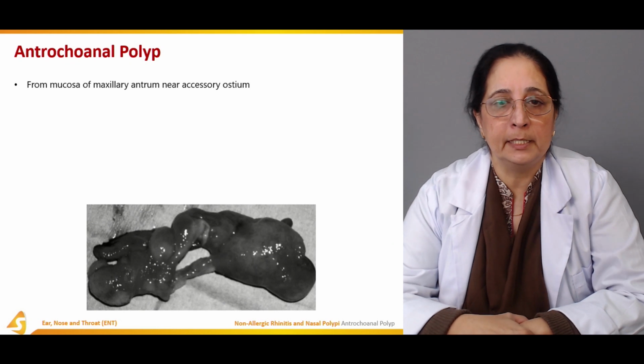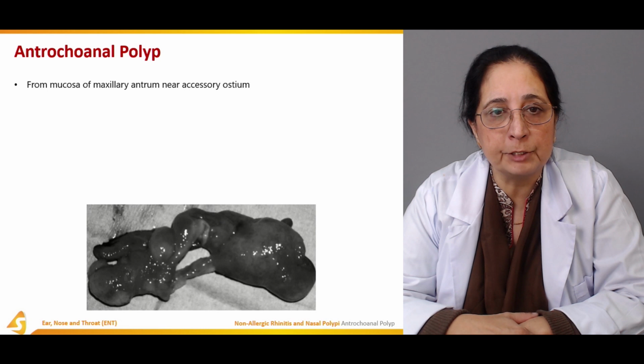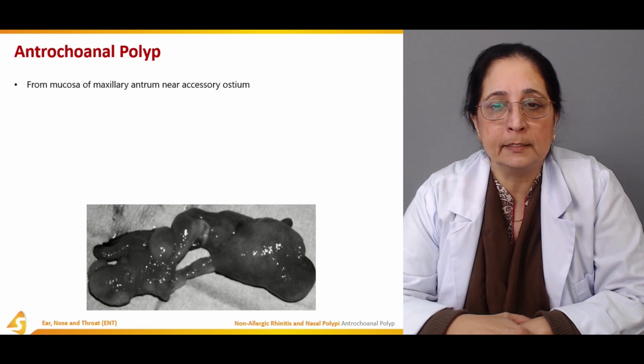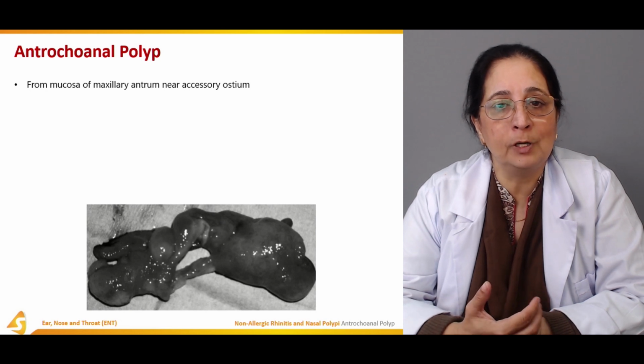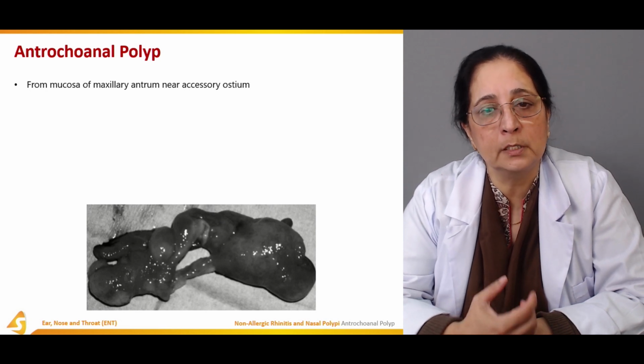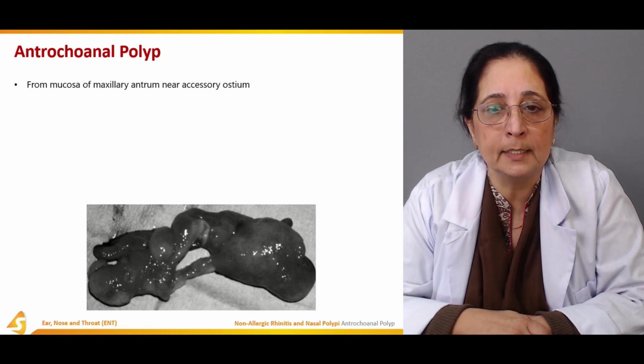Antrochoanal polyps develop from the mucosa of the maxillary antrum near the accessory ostium. As the name shows, antrochoanal polyps develop from the antrum of the maxillary sinus.